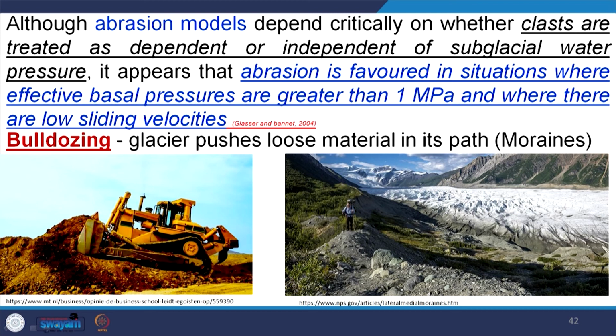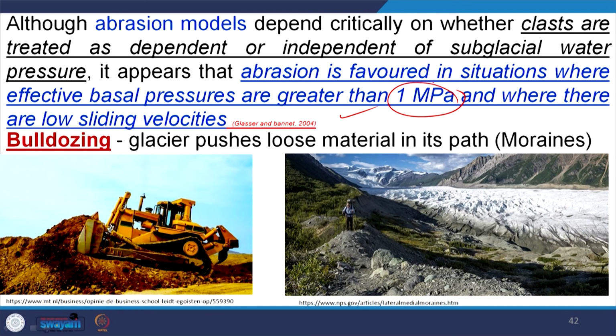Low sliding velocity means low water pressure at the interface of the glacier and bedrock. So, we are talking about polar glaciers. Polar glaciers erode more deeply as compared to valley glaciers, so abrasion is more effective where pressure is greater than 1 megapascal.